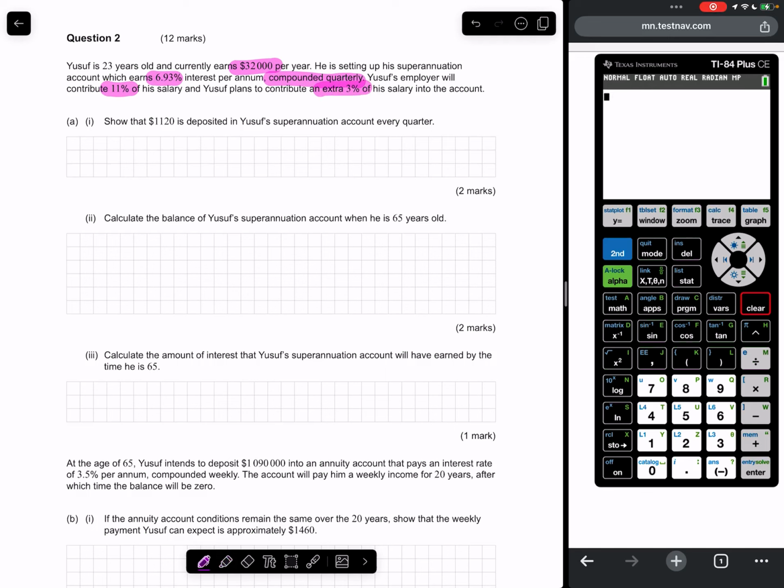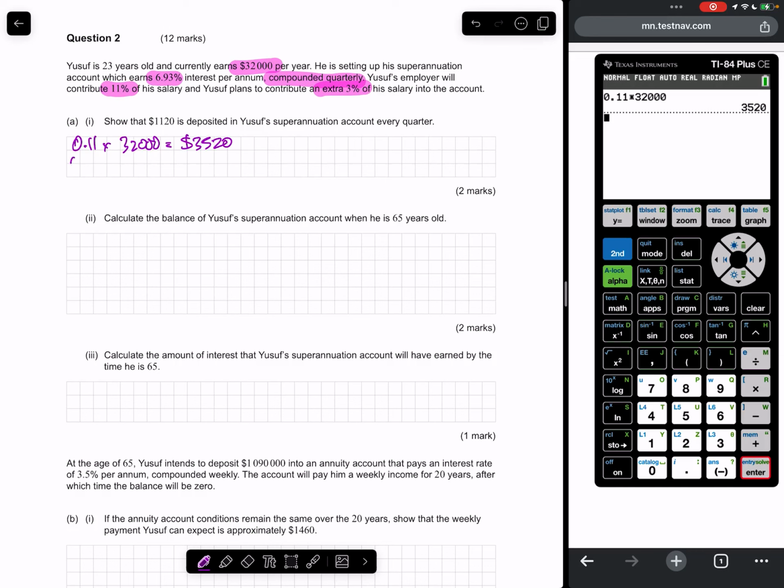Show that 1120 is deposited in Yusuf's superannuation account every quarter. Well, employer is doing 11%, so 0.11 times 32,000 is 3,520.